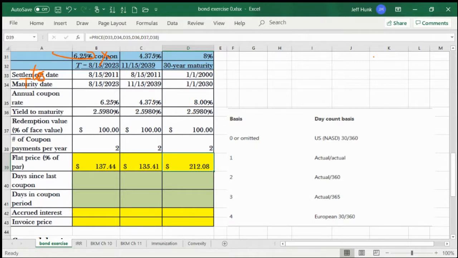oh, it's not 8%. Actually, that was 8%. Yeah, it was 8%. That was correct. Oh, the yield to maturities are all different. I'm sorry, because in the slide, if you go to the slide, you will find that the yield to maturity is different.